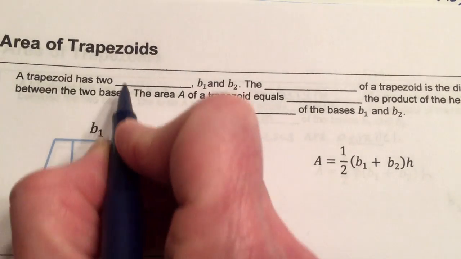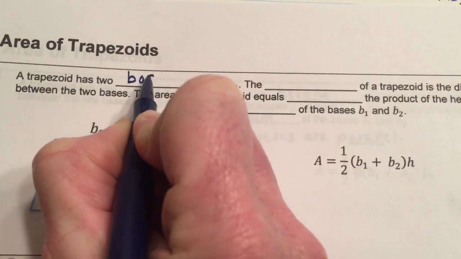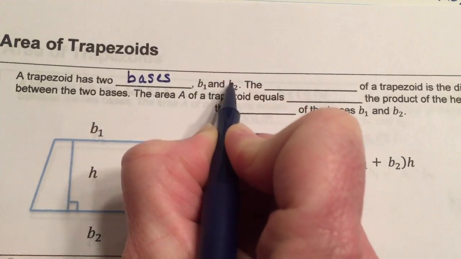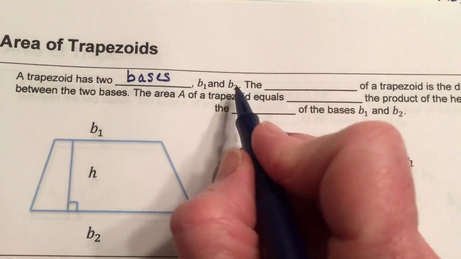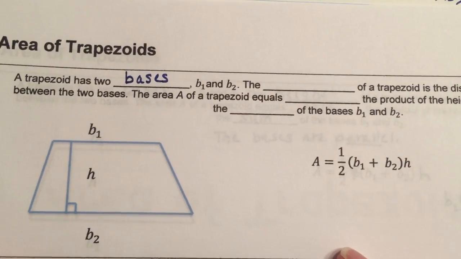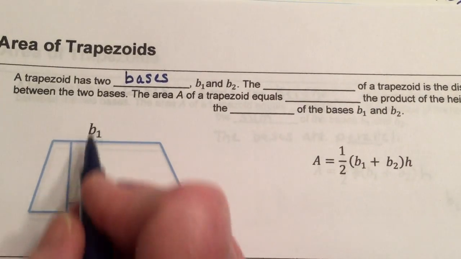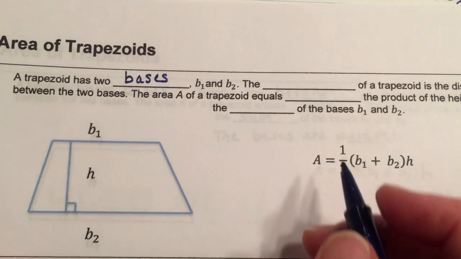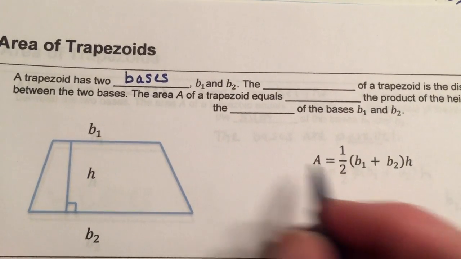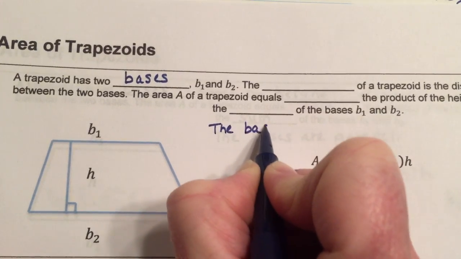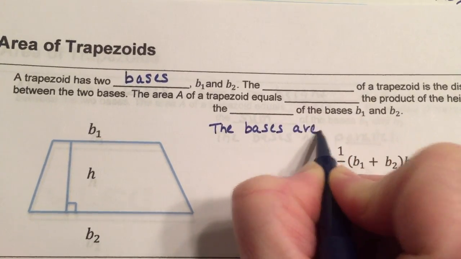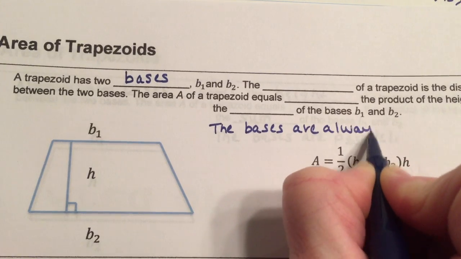So a trapezoid has two bases. They're called B1 and B2. B1 just stands for base 1, and B2 stands for base 2. And the bases are always the parallel sides, and probably we should include that in our definition. So the bases are always parallel.